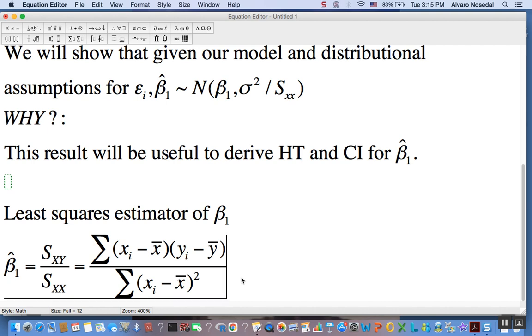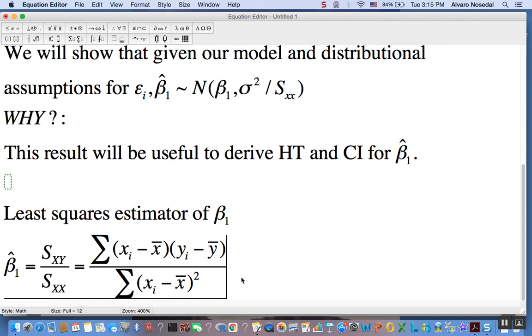So the key here will be expressing this estimator, this beta 1 hat, as a linear combination of yi's. Why is that going to be so important?